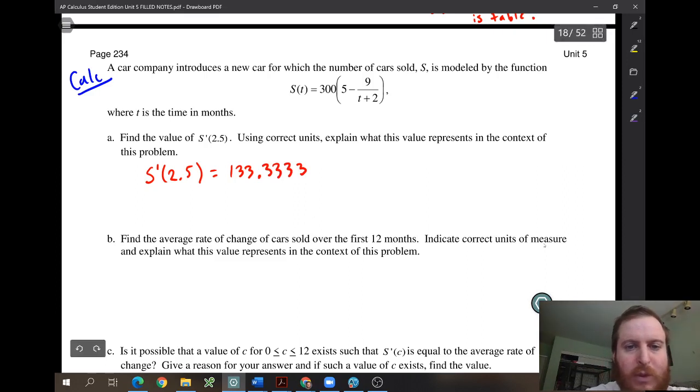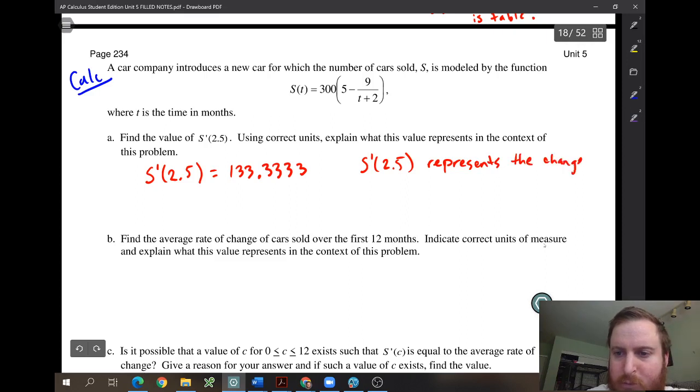So what we'll say is that s prime of 2.5 represents the rate of change.